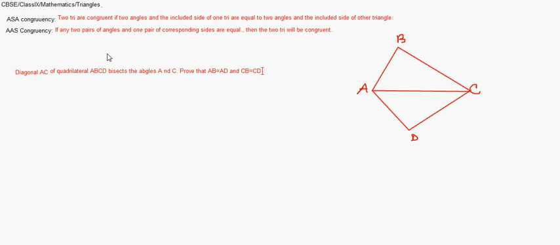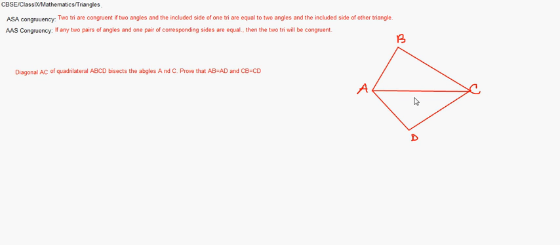And this can only be done when we prove the congruency of the two given triangles, because then AB equals AD and CB equals CD as corresponding parts of congruent triangles. So let us prove the congruency of these two triangles.